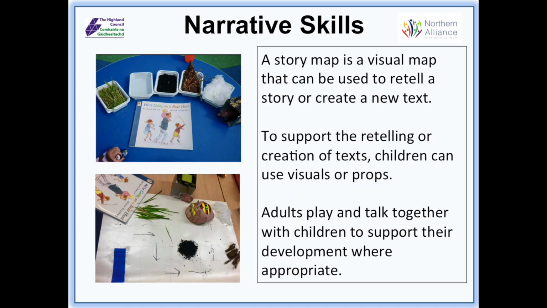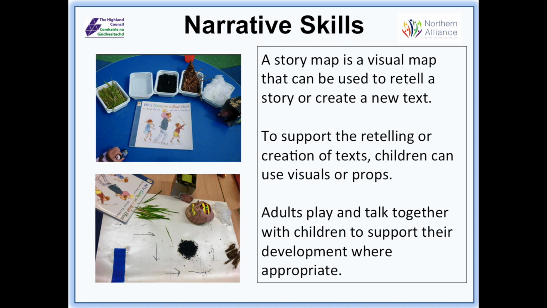A story map is a visual map that can be used to retell a story or create a new text. To support the retelling or creation of texts, children can use visuals or props. Adults play and talk together with children to support their development where appropriate.